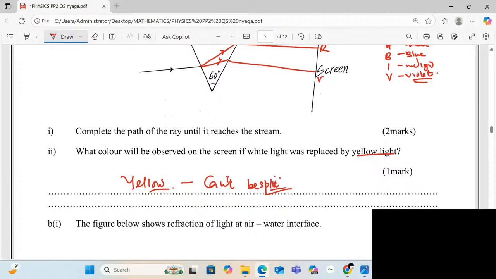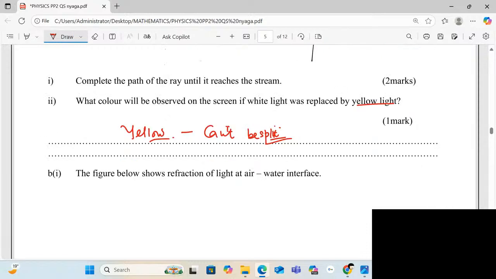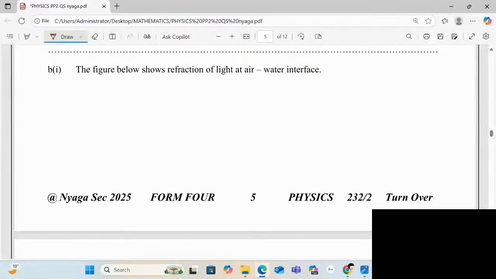Before I move to the next question, I need to warn those who are waiting for the exam that they need to understand how to answer explanation questions.